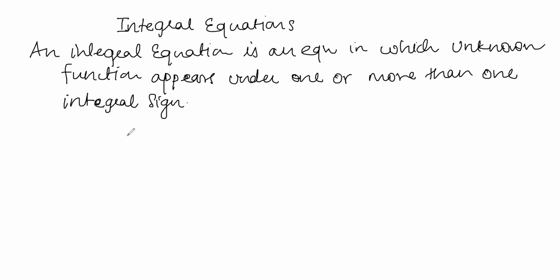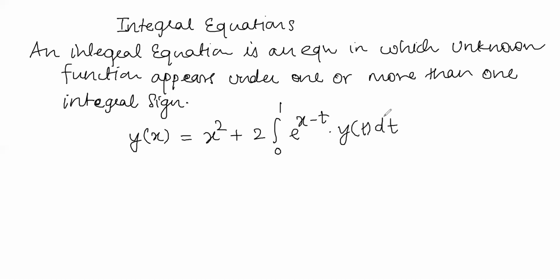Let me take one example first, and then I'll tell you its general form. Let's say I have an equation, y of x equal to x square plus 2 times the integral from 0 to 1 of e power x minus t times y of t dt.